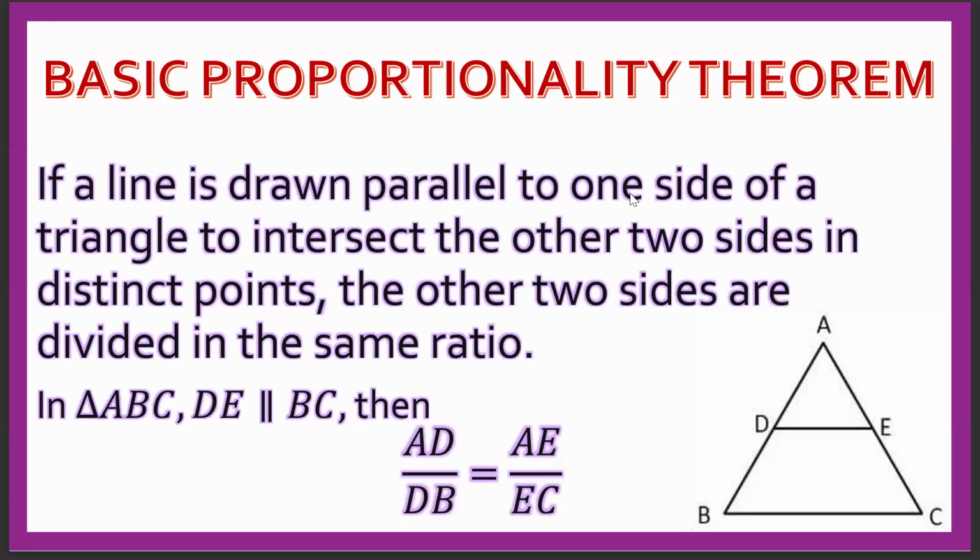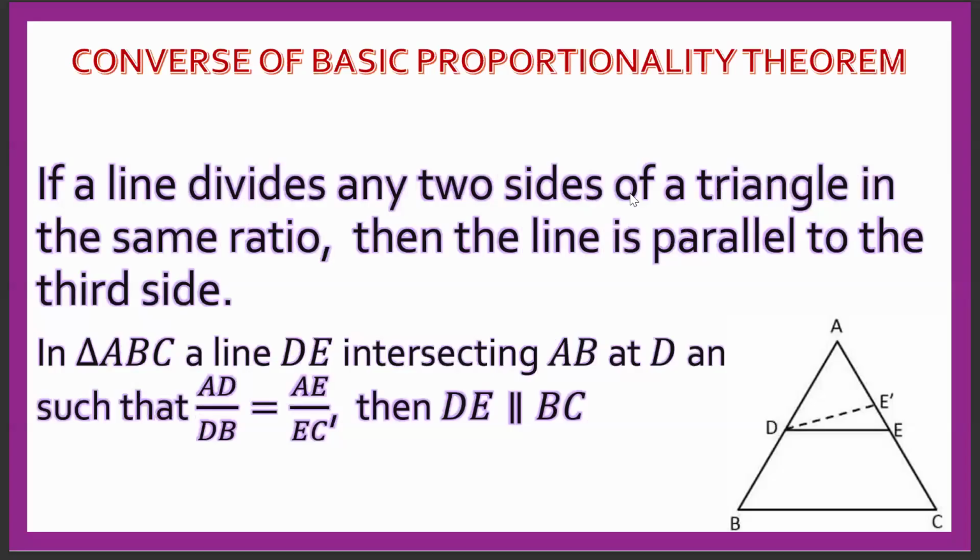That is, if DE is parallel to BC, then AD ratio DB is equal to AE ratio EC. This is the basic proportionality theorem, and it is very useful to prove the similarity of triangles. How? Let's see it in the next slide.